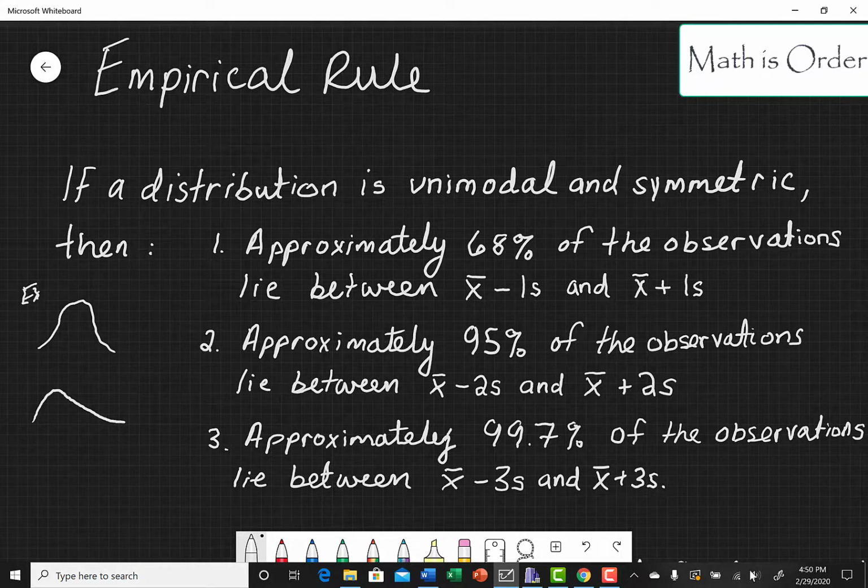Now, this one would not be unimodal or symmetric. So this is not symmetric. And this one, this curve here, is not unimodal.